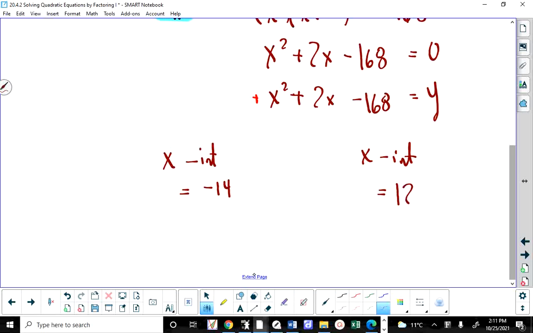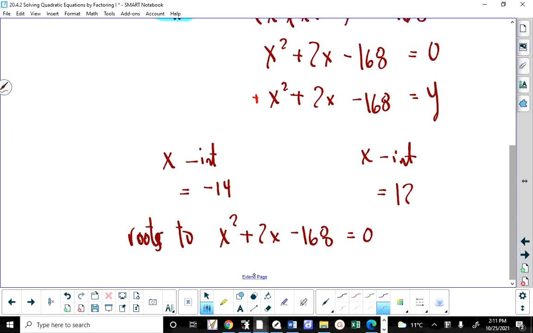Which means that those numbers are solutions. They're the roots to the equation x squared plus 2x minus 168 equals 0. Right? So the x-intercepts of the function and the solutions to the equation are the same. But that doesn't mean the two numbers are negative 14 and 12.